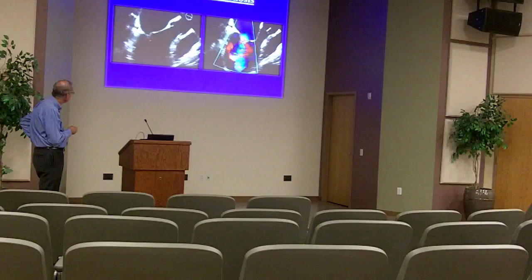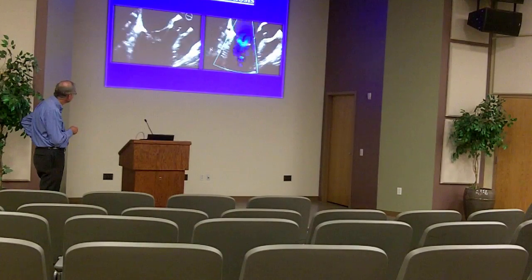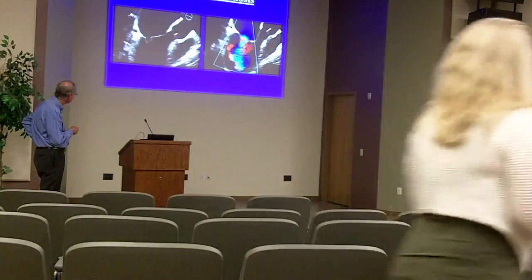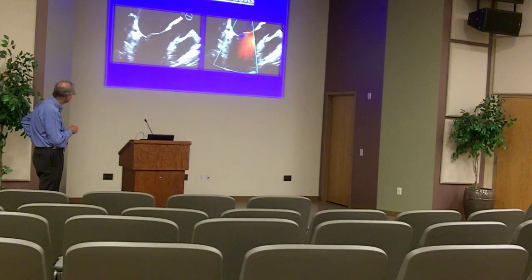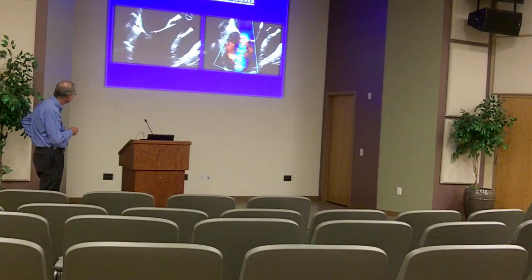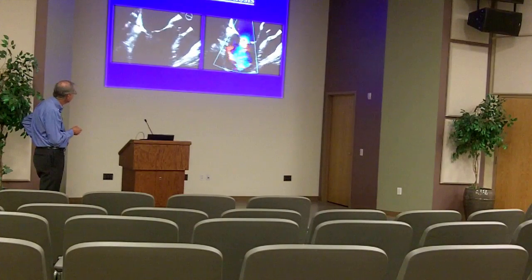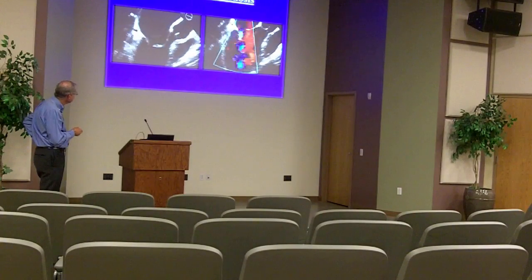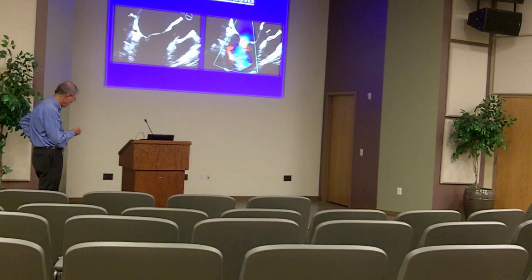Rheumatic fever can cause the leaflets of this valve to attach to each other, and so the blood in the atrium has a more difficult time getting into the ventricle. Here you can see those colors, that's just a lot of turbulence.